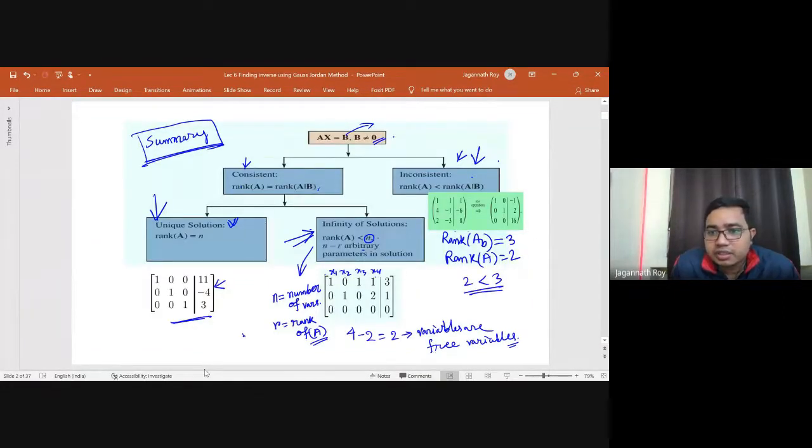If you remember that case, this is the RREF, reduced row echelon form, and the last row has 0, 0, and this is a non-zero entry.